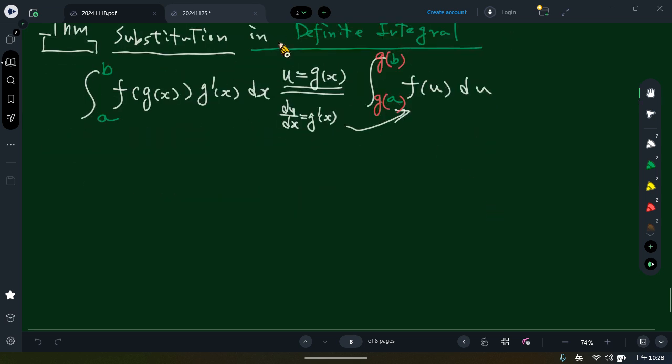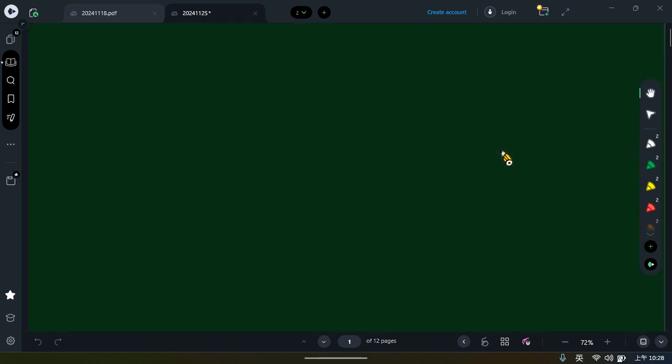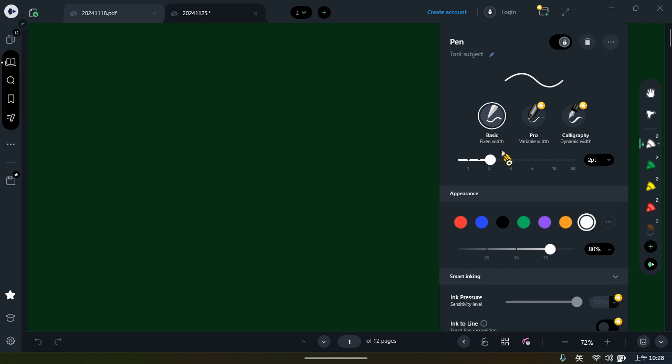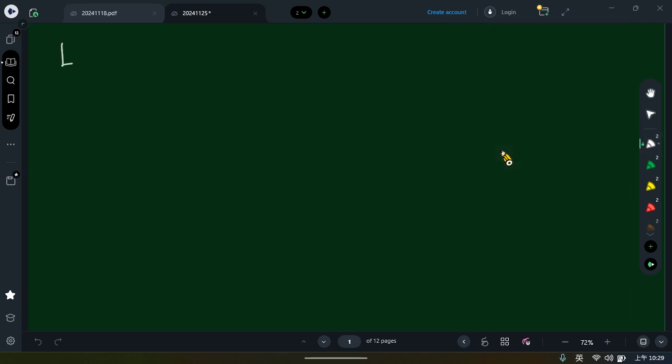Okay, so today I will give you an example first, so that you can just have some impression of the substitution for the definite integral. So okay, let me just show you an example that, okay, so it will be integral from -1 to 1 3x squared times square root of x cubed plus 1 dx.